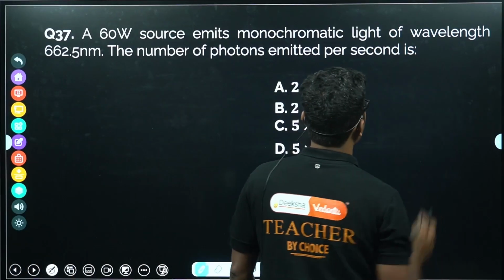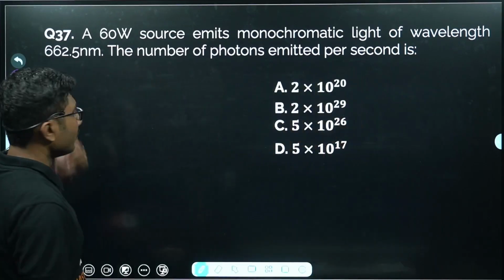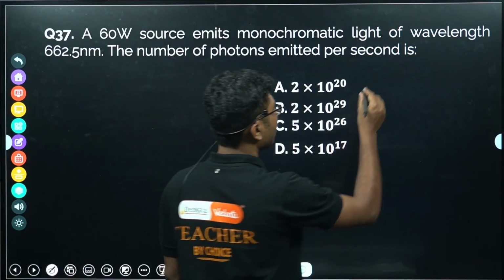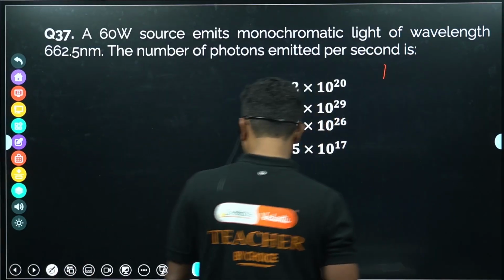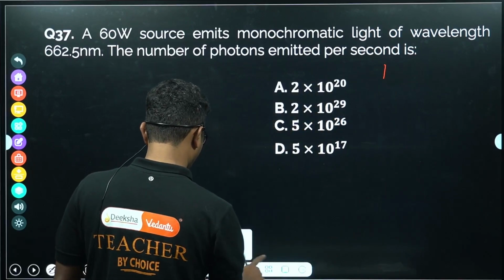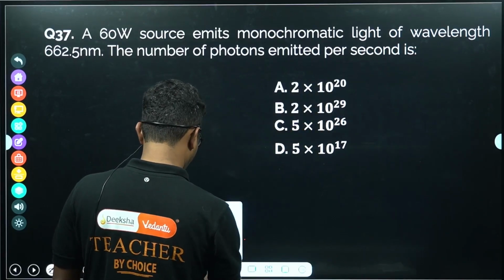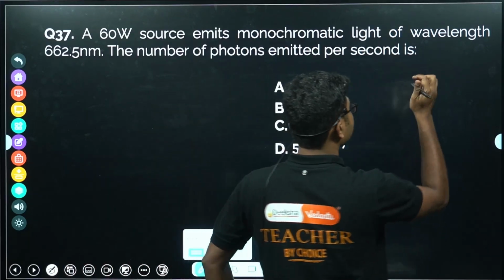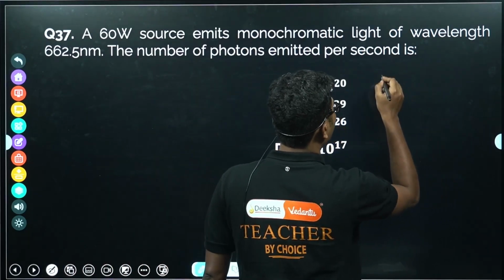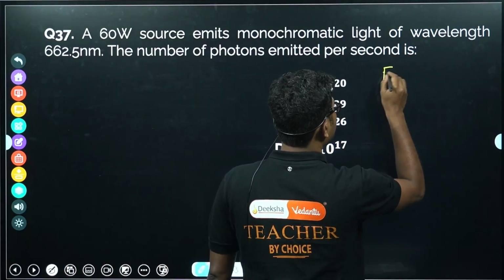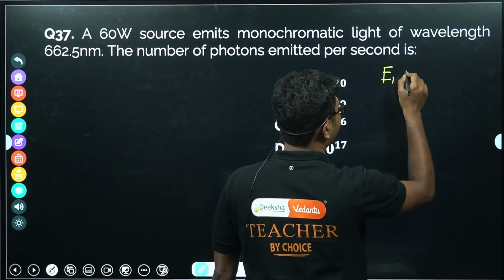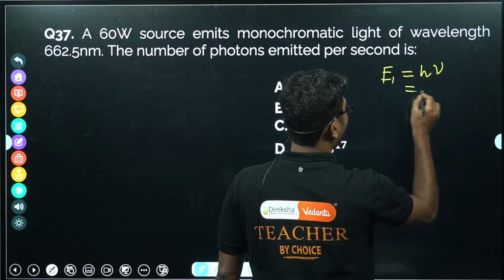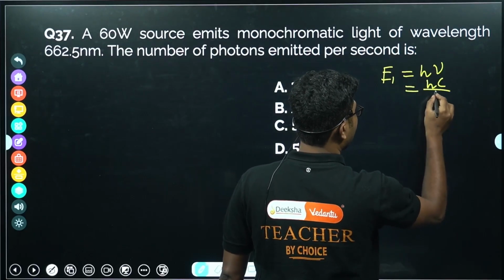We know that the energy of a single photon is given by E1, I am writing E1, that is h nu, or hc by lambda.